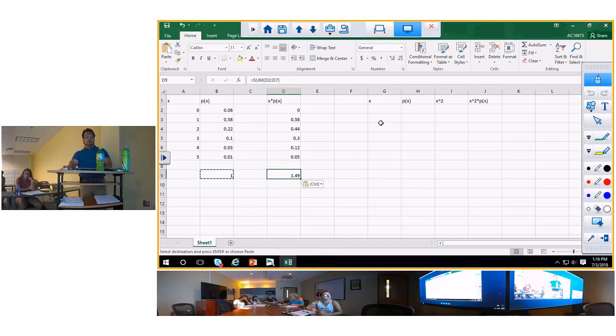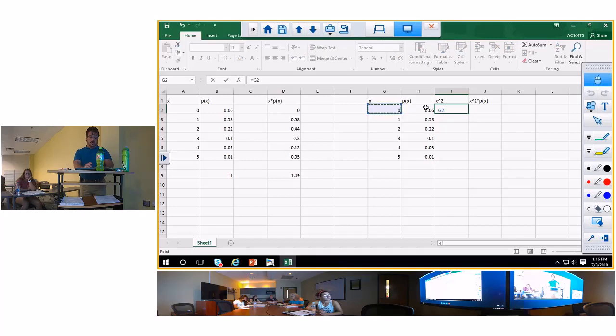Over here, I'm going to say equals this guy, and copy that down. And equals this guy, raised to the second power. I'll do the first one for you, it'll be 0. And copy that down.